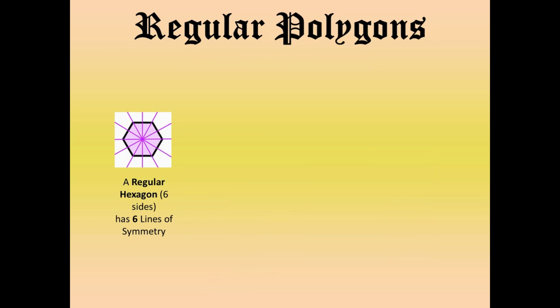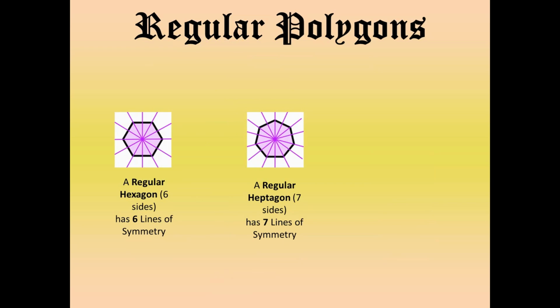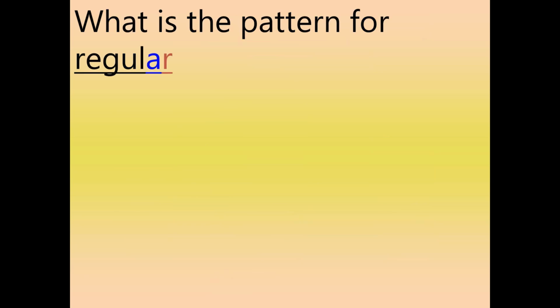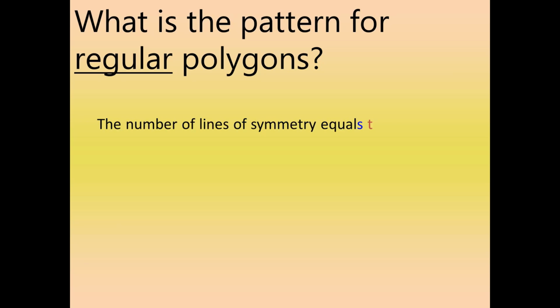It's going to have 6 lines of symmetry. This is a heptagon. It's regular. It will have 7 lines of symmetry. And a regular octagon will have 8 lines of symmetry. So, hopefully, you've figured out the regular polygon pattern. The number of lines of symmetry equals the number of angles or sides in the shape.